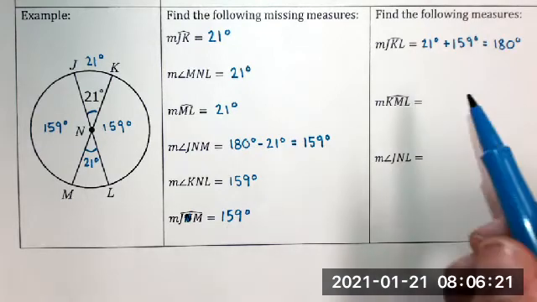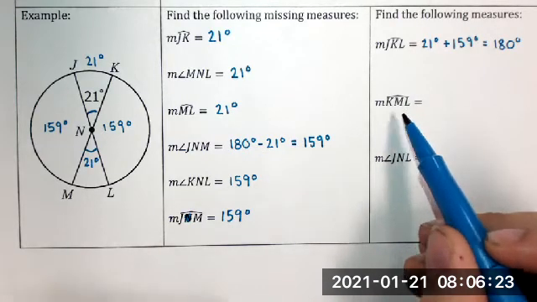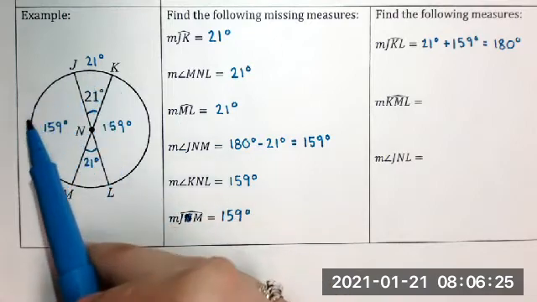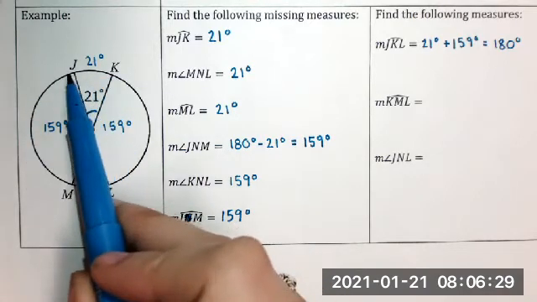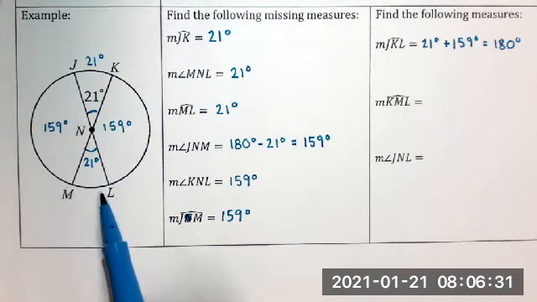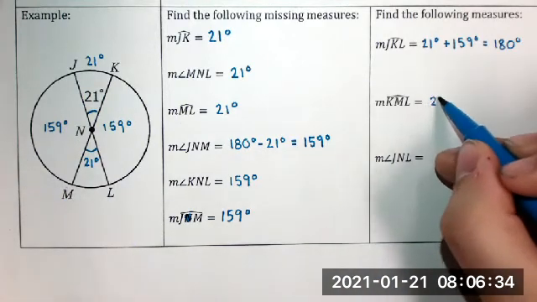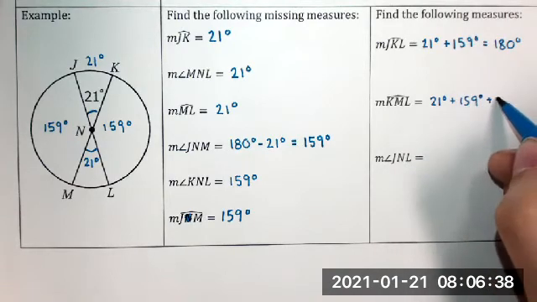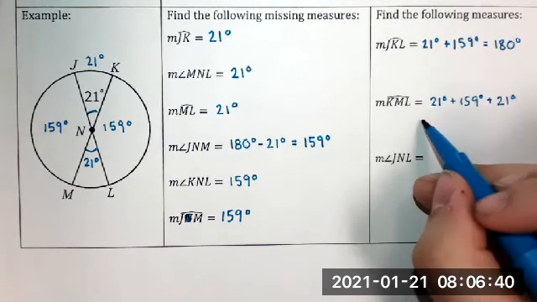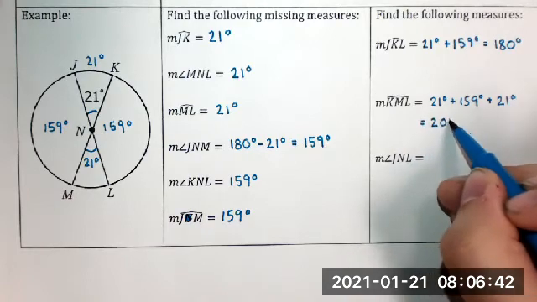So let's try it again with arc KML. KML. So that would be a 21 plus a 159 plus a 21. And that would come out to 201 degrees.